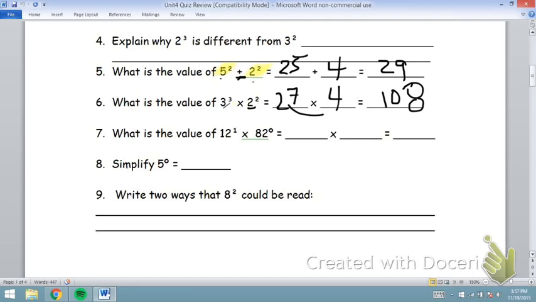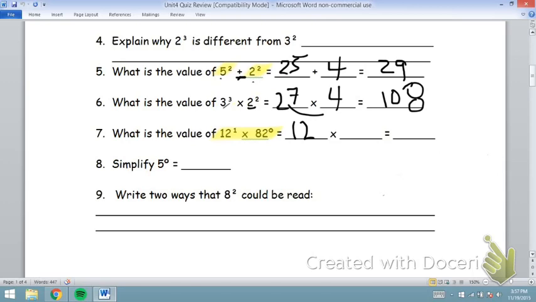Alright, number 7, same thing. You have 12 raised to the first power, which is just 12. And I'll make note of that: any number raised to the first power is just that number. If we did 1,000 to the first power, it's just 1,000.